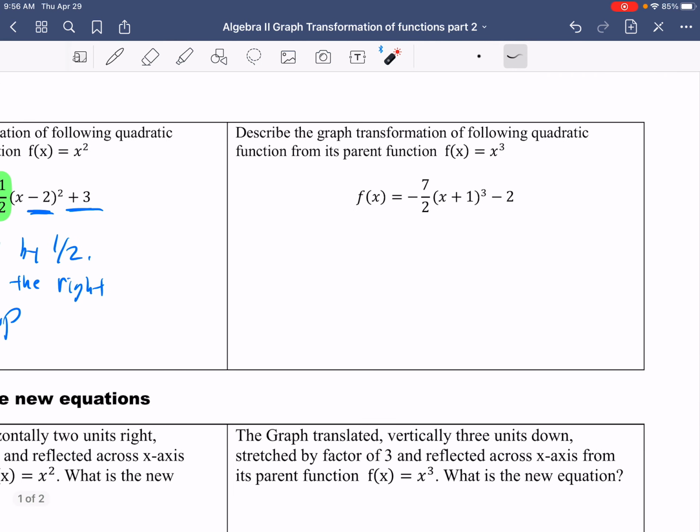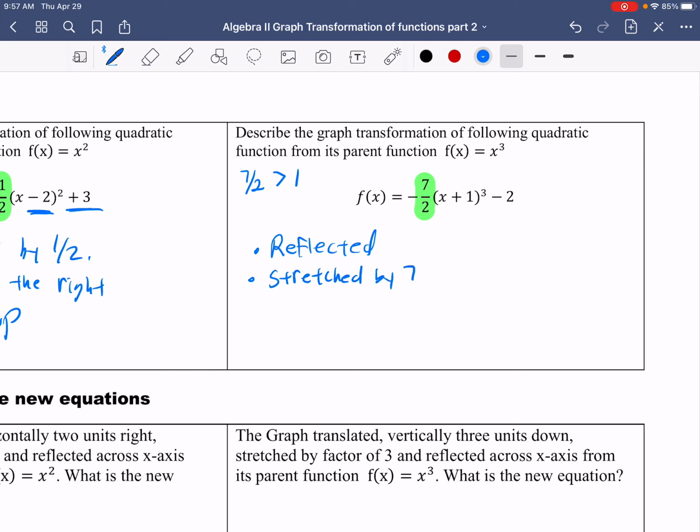Okay, so try this question by yourself. First, because of the negative, it will be reflected. And because 7/2 is bigger than 1, it will be stretched by 7/2.